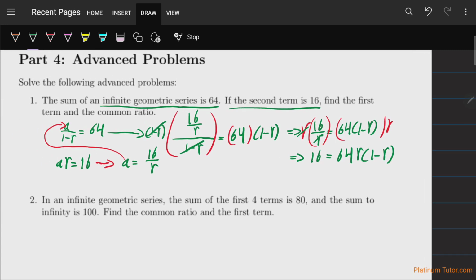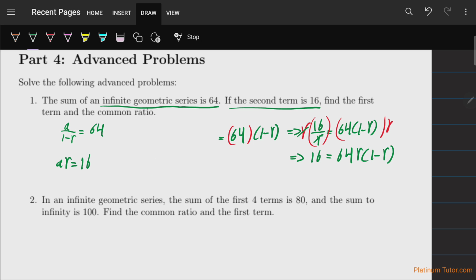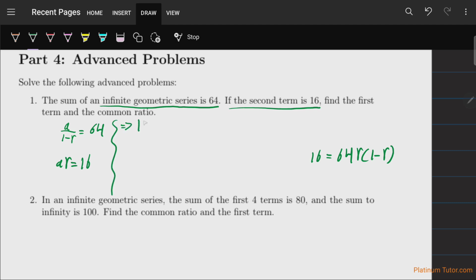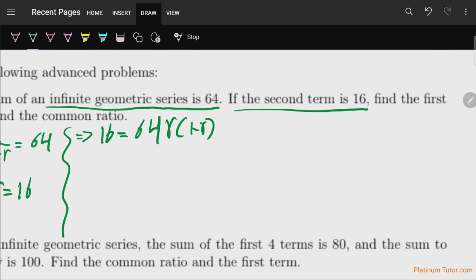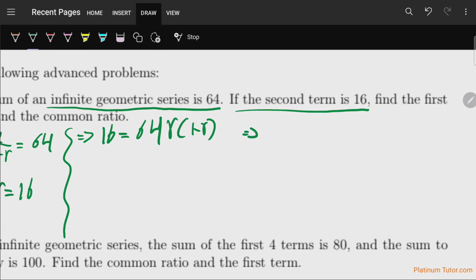Okay, so I'm going to erase all of this now, and solve the equation. Okay, so our equation we want to solve is 16 is equal to 64R times 1 minus R. Okay, so let's solve this.